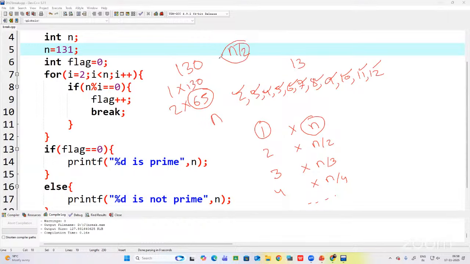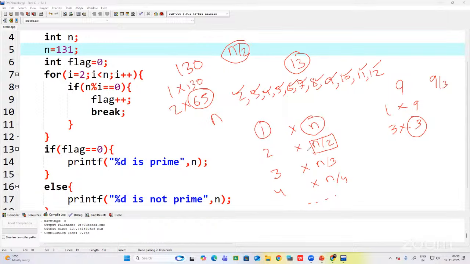But if you take 13, there are no other factors, so you don't have to worry about it. But if you take 9, 1 into 9 and 3 into 3. And what is 3? 3 is 9 by 3. So the second largest factor can be n by 2 or n by 3 or n by 5 or anything. But the largest possible one is n by 2.